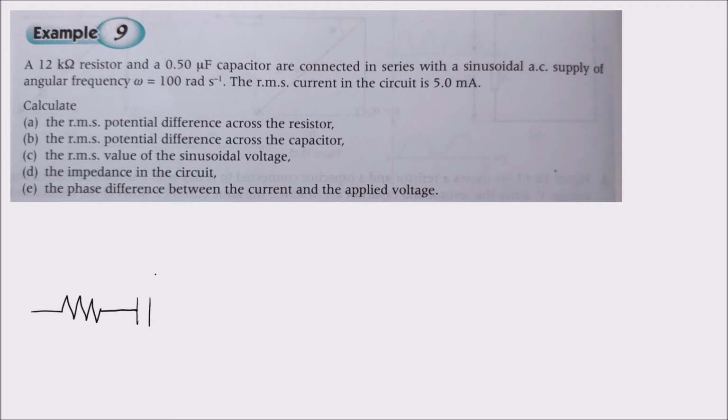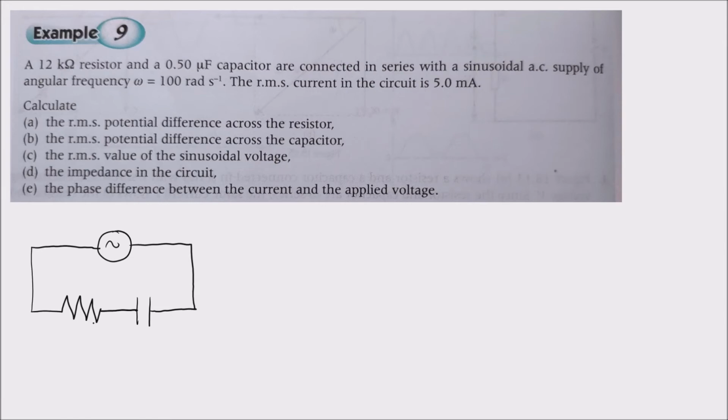And both of these circuit elements are connected in series. Okay, so I'm drawing it in series and they are connected to a sinusoidal AC supply. So let me draw everything out. This triangle with a circle here represents an AC power supply.